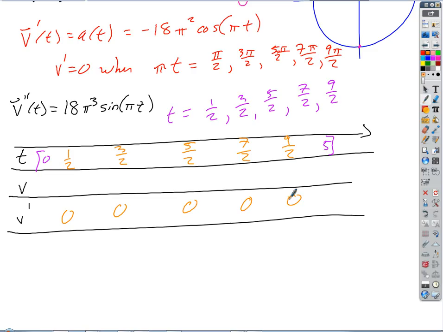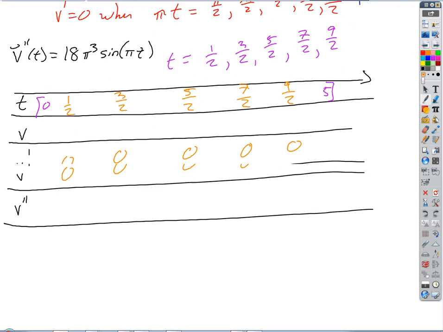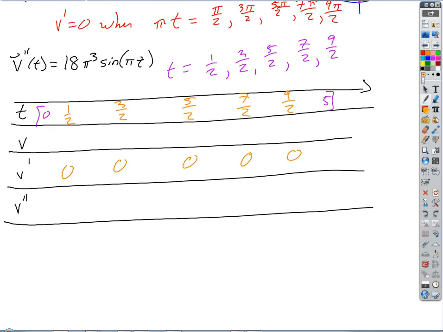So we better add our other column. Then what's going to be the value of sine of pi t at each of these places?